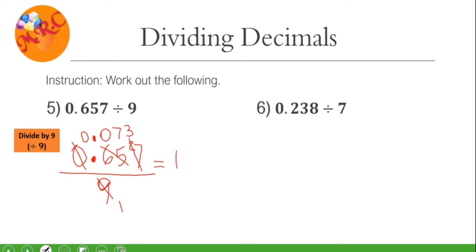So right across, we divide each number: the 0, the 6, which could not be divided, and then we turn to the 65, and then we go to the 27, each by 9. Alright, so our answer is 0.073. Good job.